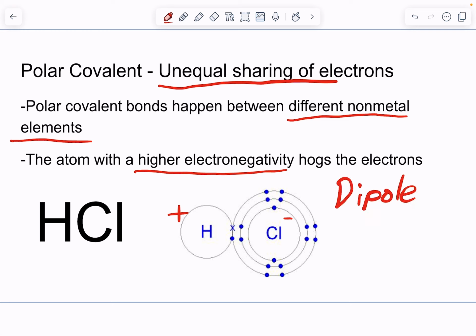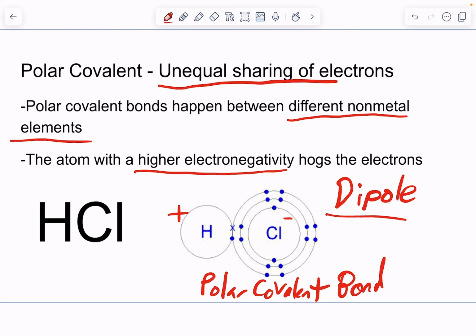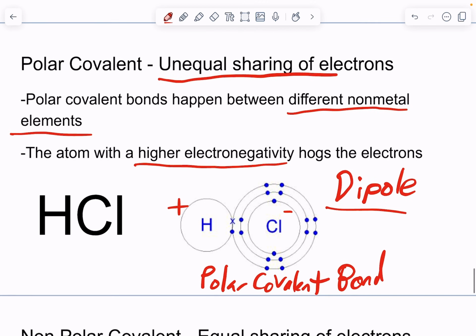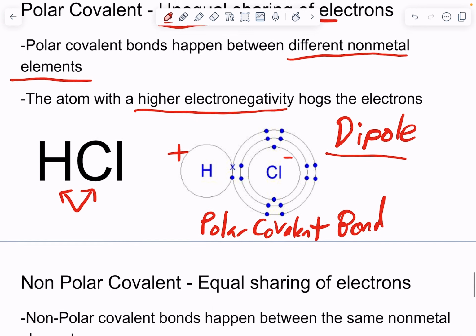A dipole is where one side of the molecule is negatively charged and the other side is positively charged. So this makes it a polar covalent bond because of this dipole that exists. The way to identify it is we have two nonmetals with different electronegativities bonding to each other.